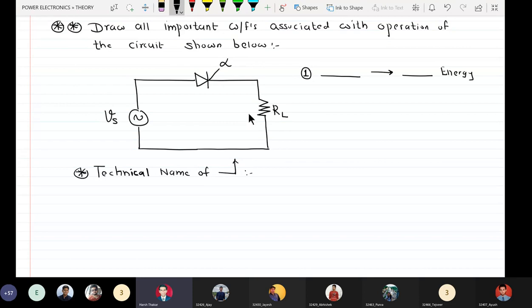What do you think, does this circuit convert electrical energy from which form to another? What should I write here? This is input. This is output. Yes. What is this?